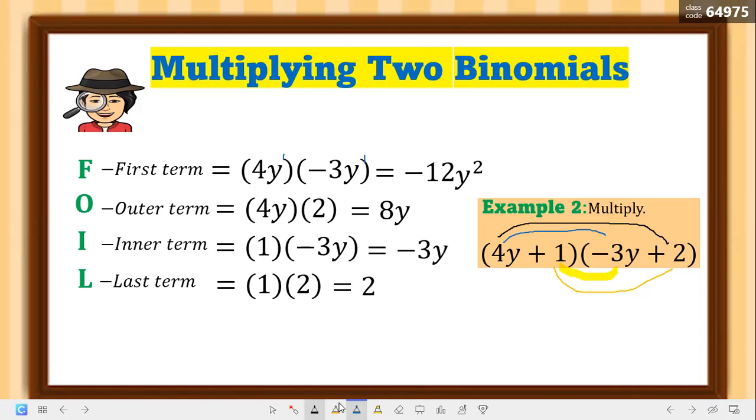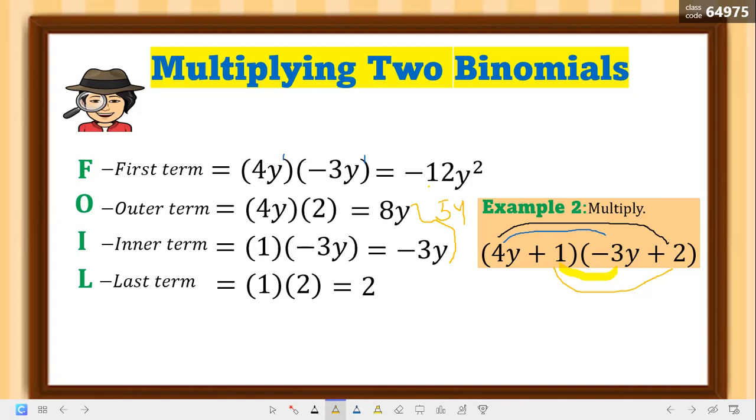Okay, since FOIL method ito, ano nga ulit ang gagawin natin sa sum ni outer tsaka inner terms? Combine po. Combine. Okay, tandaan natin yun. Kapag gumamit ka ng FOIL method, lagi pong kino-combine yung outer tsaka inner terms, yung product nila. What is 8y plus negative 3y? 5y. Positive yan kasi mas malaki yung positive 8y.